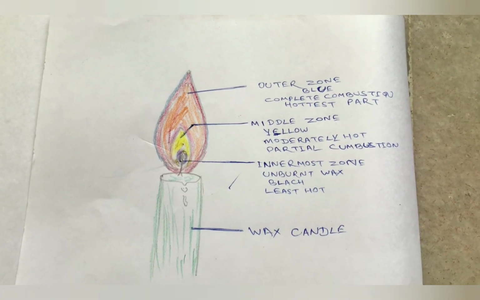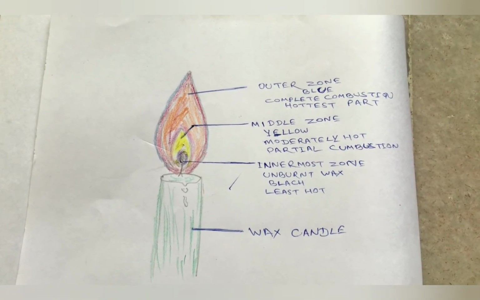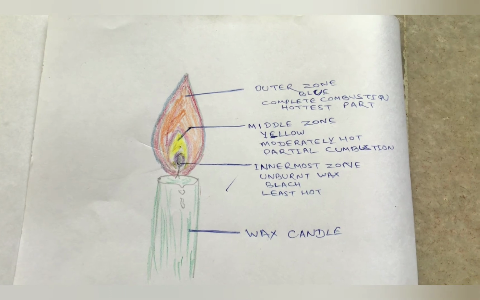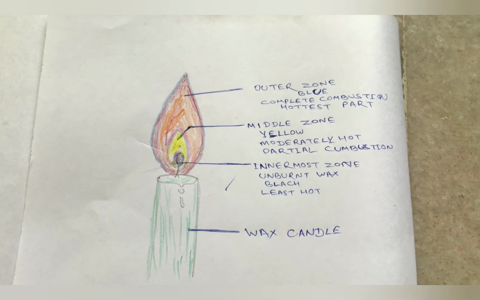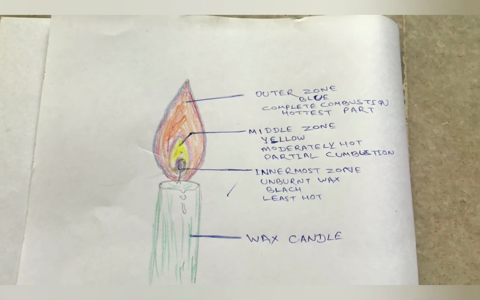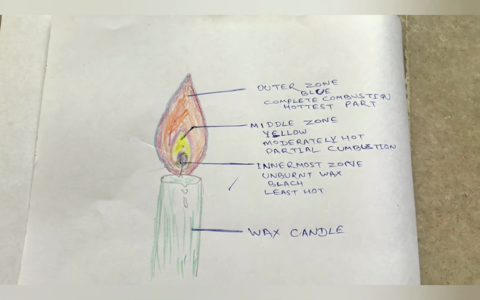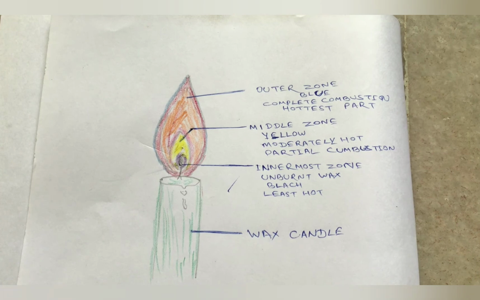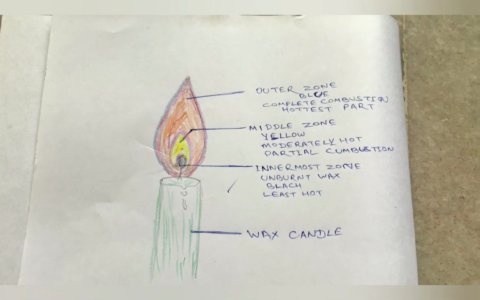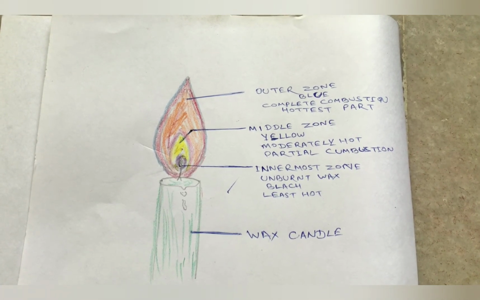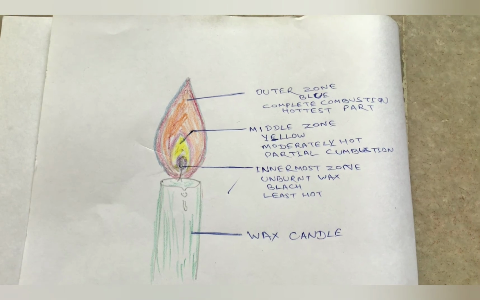Not necessarily all combustible substances, or fuels, may create a flame. Some substances may not create a flame. Those substances which are not rich in water vapor or any other gas may not show a flame.